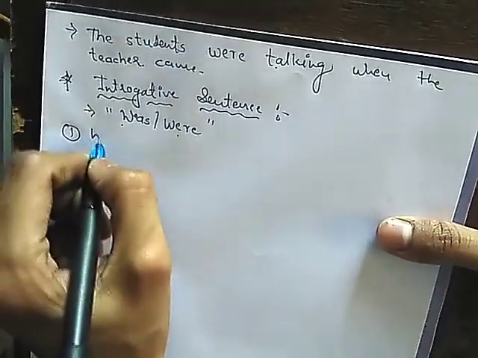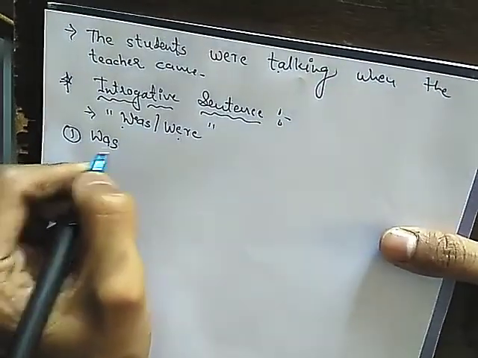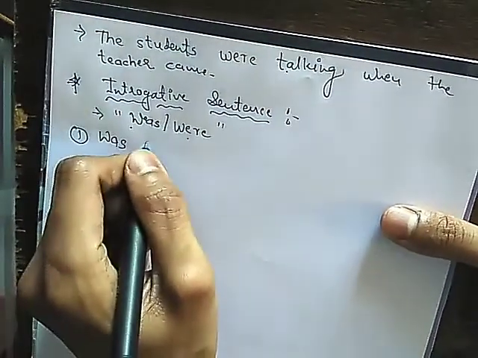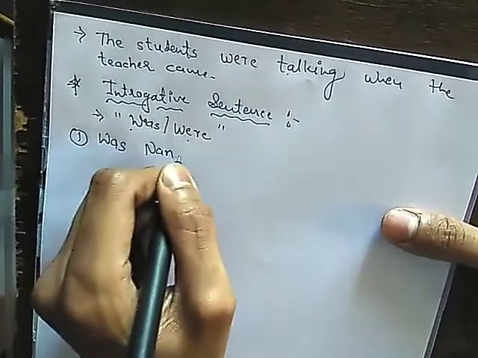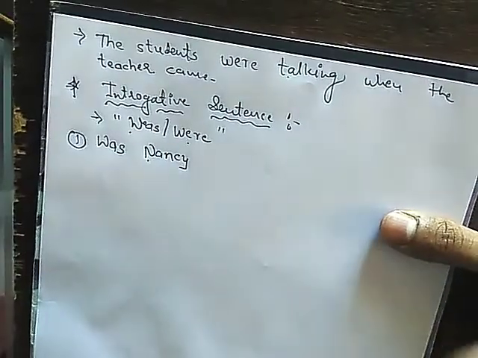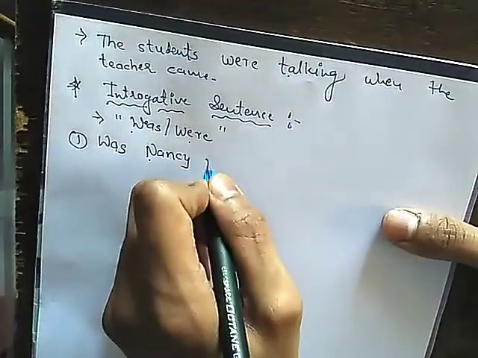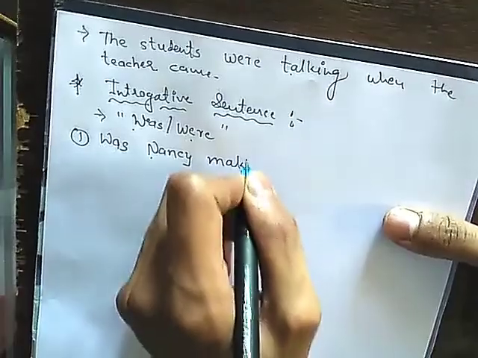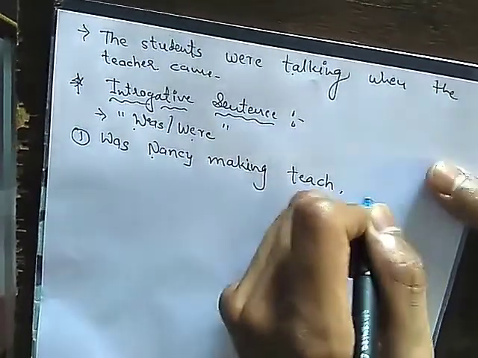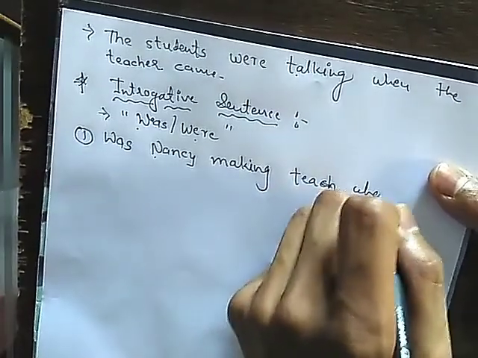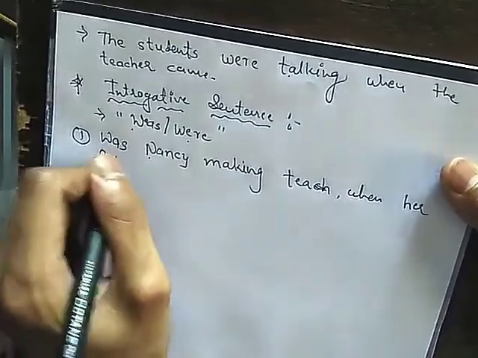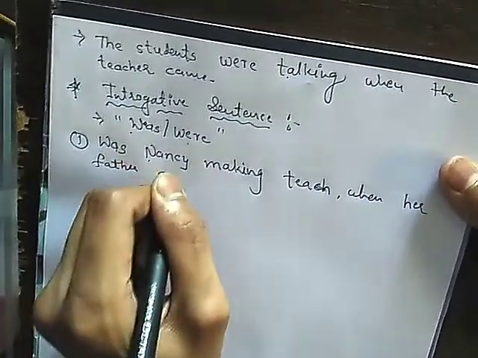In the very beginning you have to write was or were regarding the subject. Now here our subject is a girl named Nancy. Okay, was Nancy making tea when her father came back?